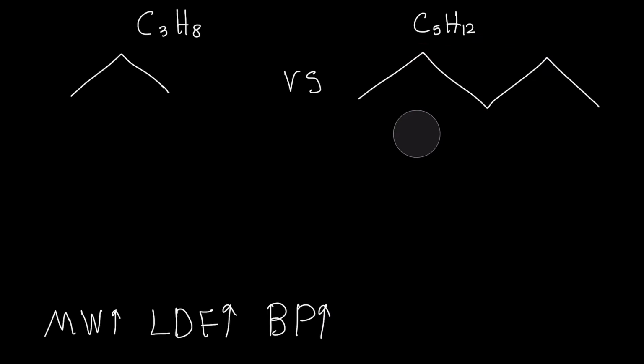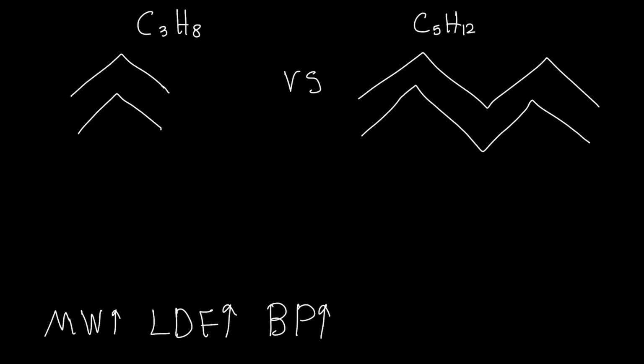So let me explain London dispersion forces. When you have a nonpolar molecule, as we do here, the predominant intermolecular attraction is going to be dispersion forces, and dispersion forces are greater in, for example here, pentane than propane, because pentane has more carbons and it can have more interactions as compared with propane.